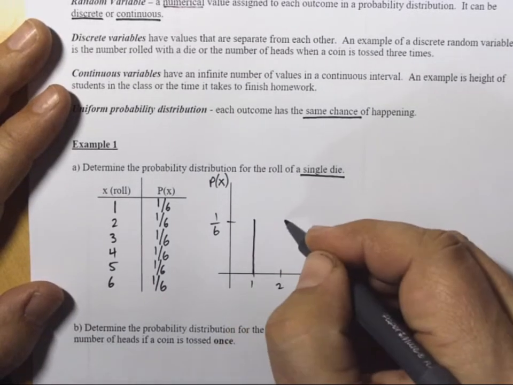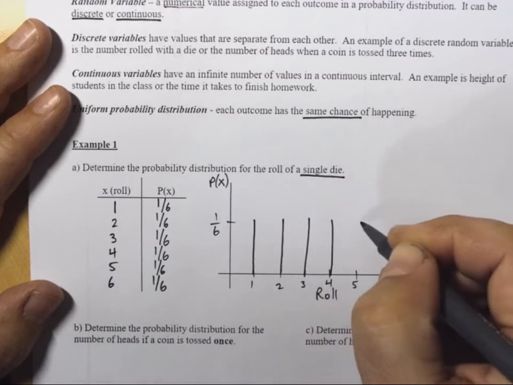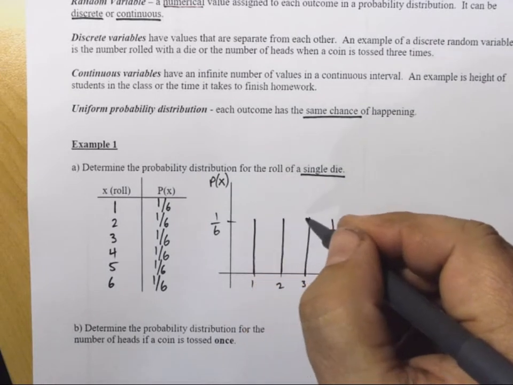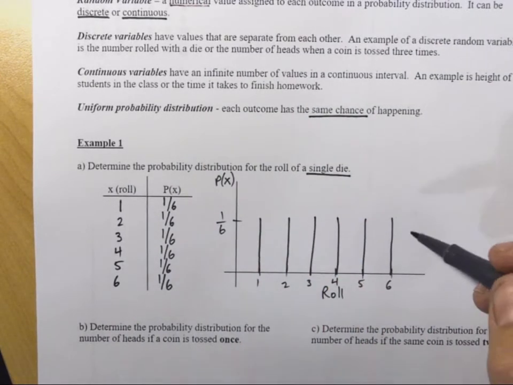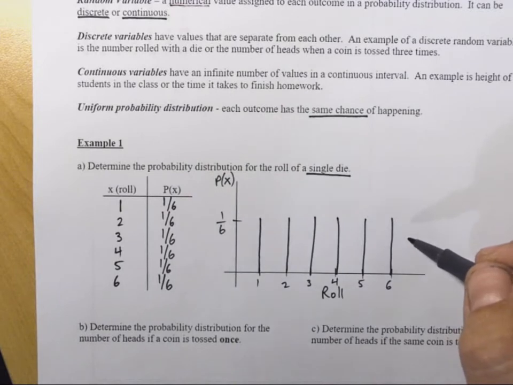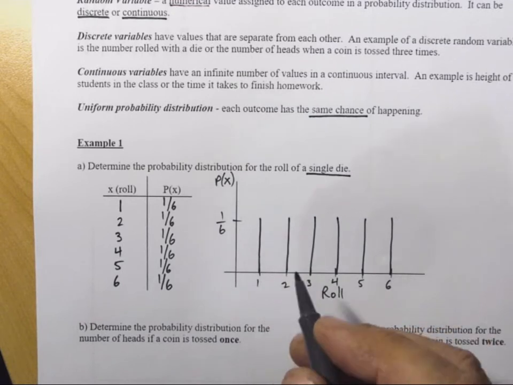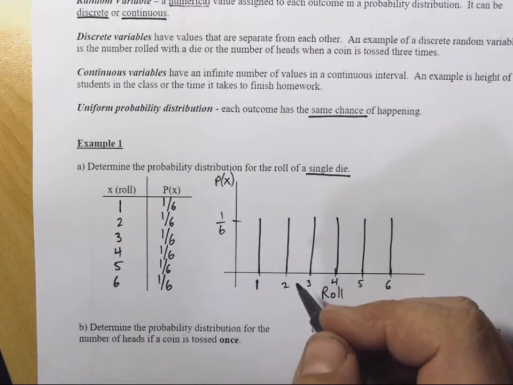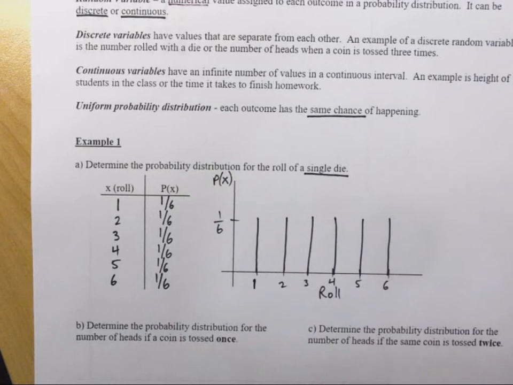A 1 in 6 distribution means everything has the same probability of happening, so every single bar is the same height. It has to be a bar graph. Why would you think it has to be a bar graph and not a histogram? A bar graph has spaces in between the numbers because each one is individual. You can't have 1.5 as a roll, for example, but you can have 1, you can have 2. That's a discrete variable.